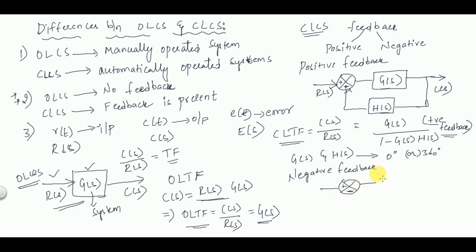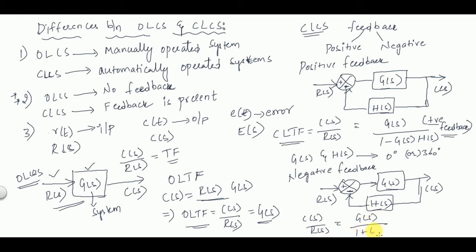So this is G of S, and the same feedback network is present, which we will represent with H of S. This is your R of S, the input, and this is your controlled output C of S. So the ratio C of S by R of S is G of S by 1 plus G of S into H of S. So this is the closed loop transfer function for a negative feedback system.